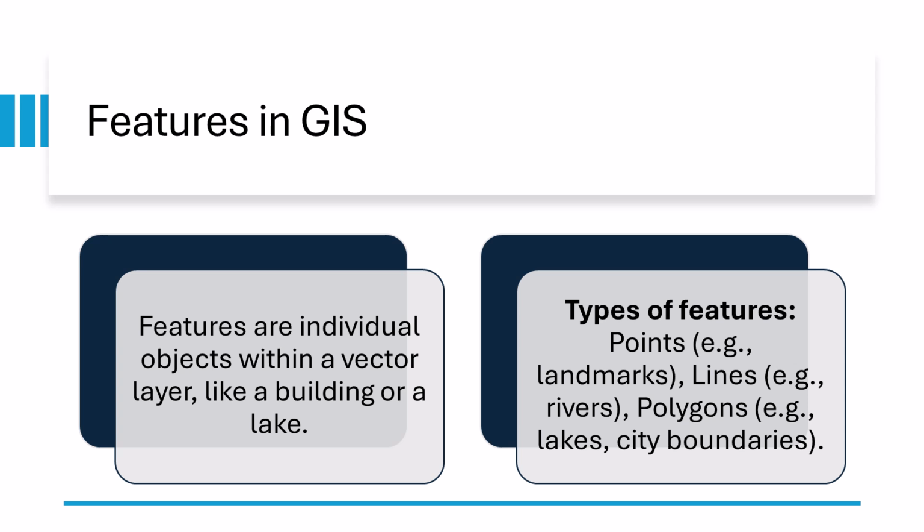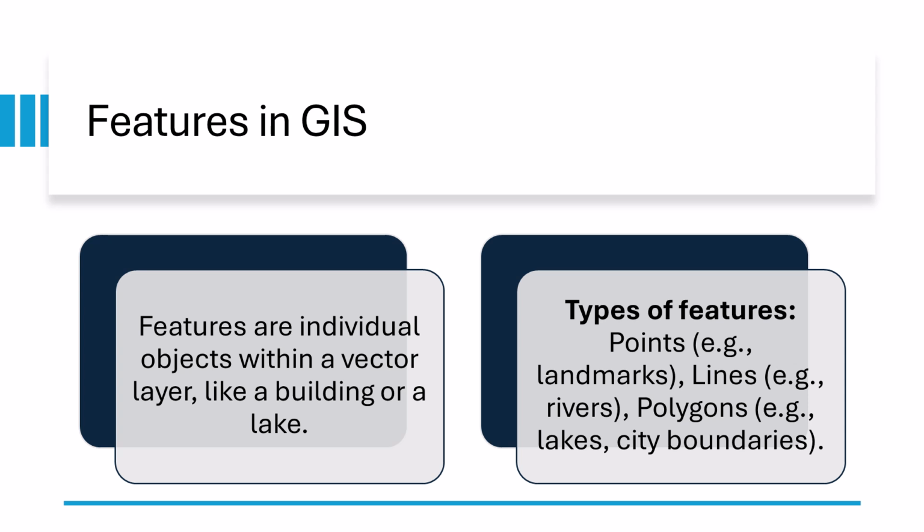Within each vector layer, we have what are called features. Features are individual objects or items within a layer, such as a single building, a river, or a city boundary.